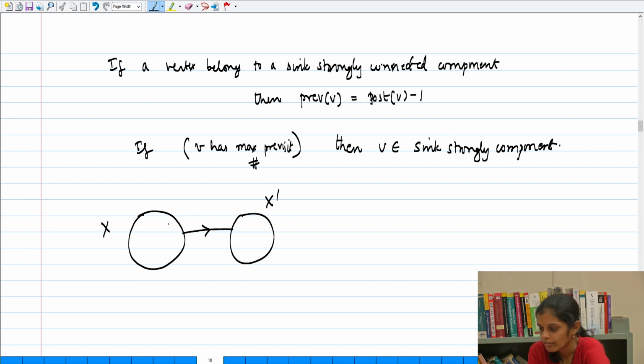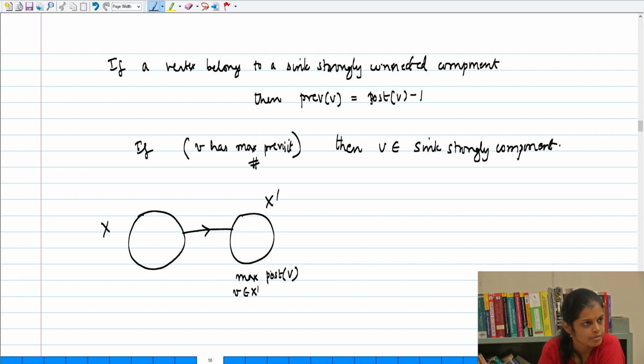And then what we can claim is that the highest post number, meaning the vertex that gets the highest post number in this strongly connected component, is larger than the highest post number in x prime. So I will say, what is max of post of v, where v belongs to x prime, right?